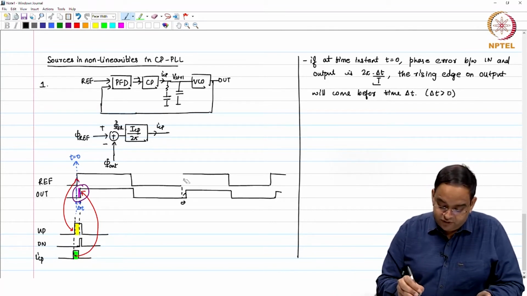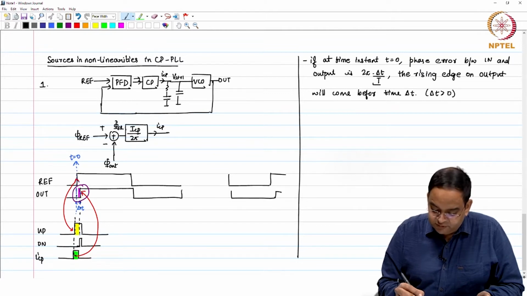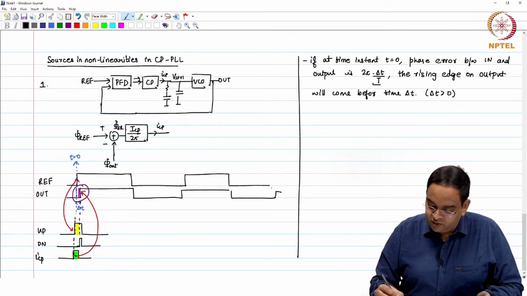So, what is this opposite case? The opposite case is when, I am just showing you in the same waveform, let us say the rising edge on V comes first, and then you have the rising edge on R. They are all frequency locked, so do not worry about that. Okay.